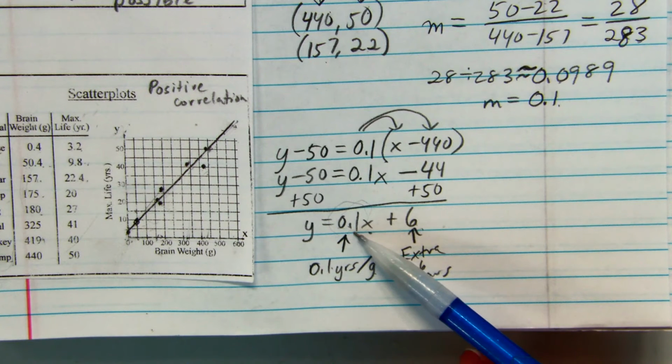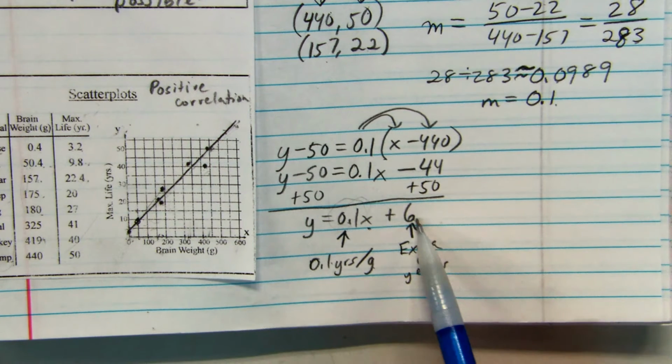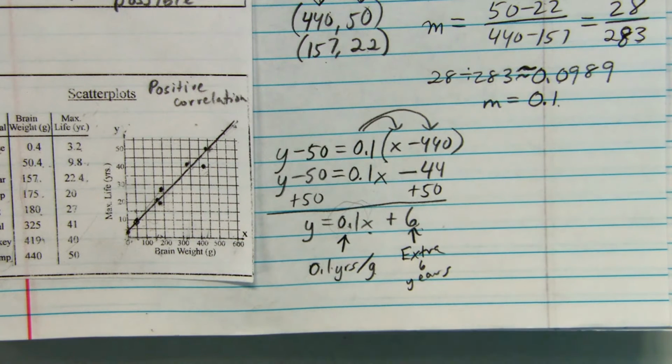You might get 0.08 or something. And this number might be 5 or 4. It might be a little bit off. But we're just kind of learning how this works. Later on, I'll show you how the calculator has a method for trying to get it more precise. We can be a little more accurate, but this is just to give us the idea of how this works. Okay, so that is what we're going to do on the scatter plot side.